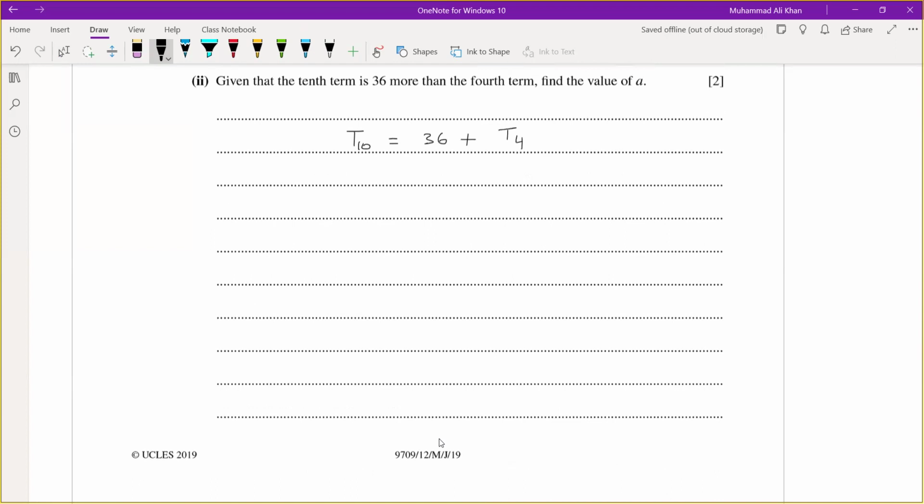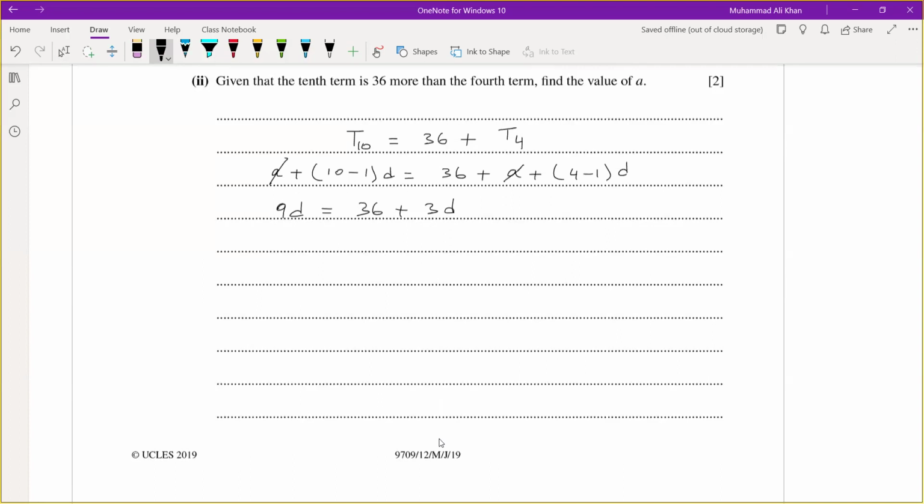So now, 10th term, it's an arithmetic progression given in the question, so it will be a plus n minus 1 into d equals 36 plus a plus, sorry, 4 minus 1, because it is the 4th term, into d. Here, a and a cancel out. 10 minus 1 is 9, 9d equals 36 plus 3d.